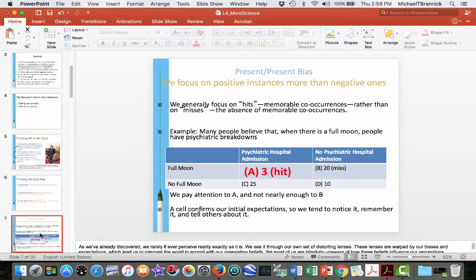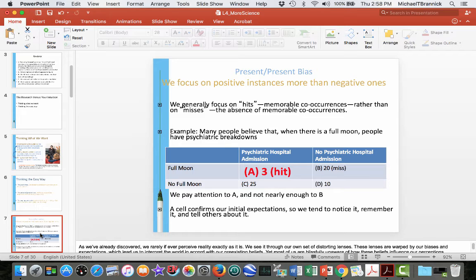We focus on the, quote, hits, unquote, the memorable co-occurrences rather than the, quote, misses, unquote, the absence of memorable co-occurrences. So, for example, lots of people believe that when the moon is full, people have psychiatric breakdowns. People remember and talk about instances where there was a full moon and someone went, as they say, loony.